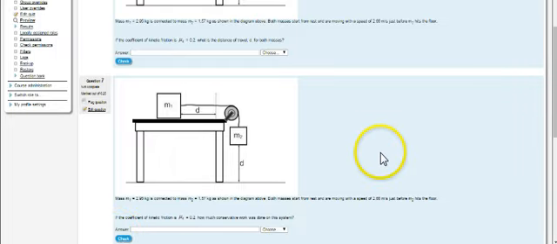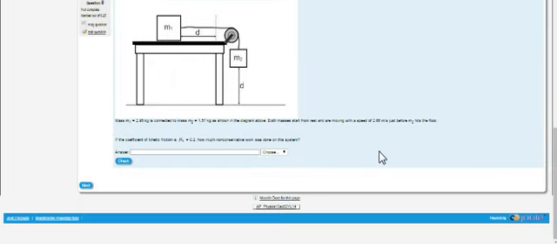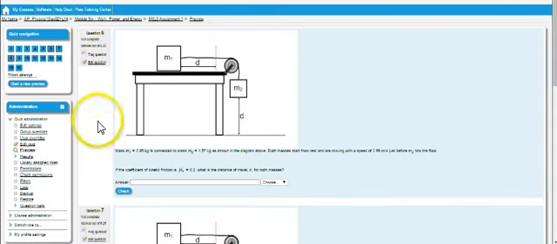I believe these problems are similar enough to the example in the notes, so I won't talk about them.